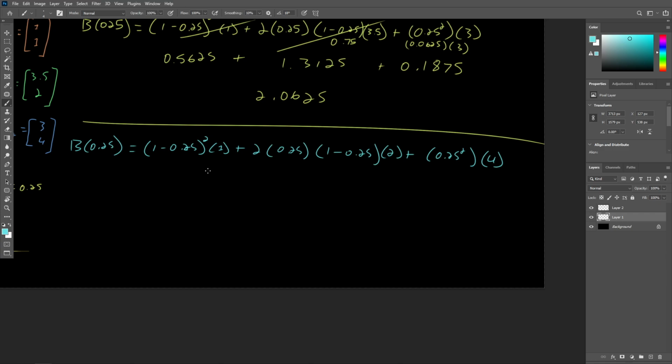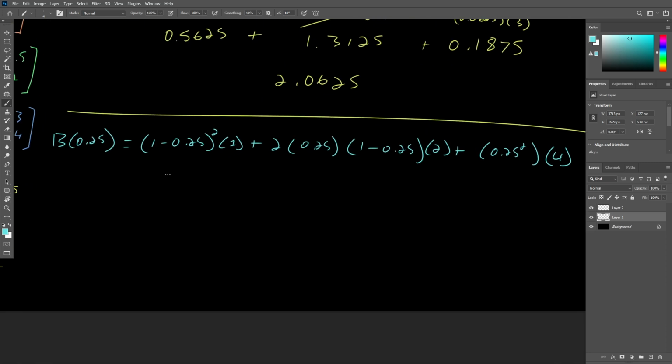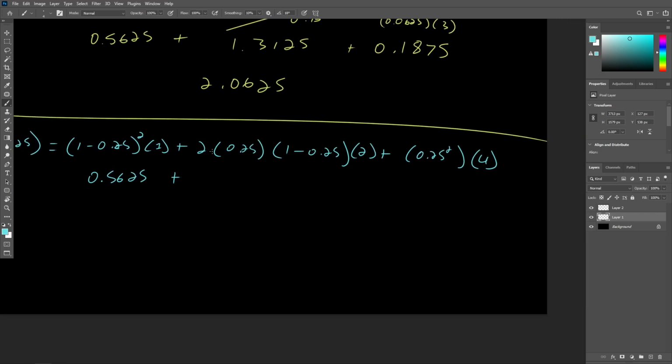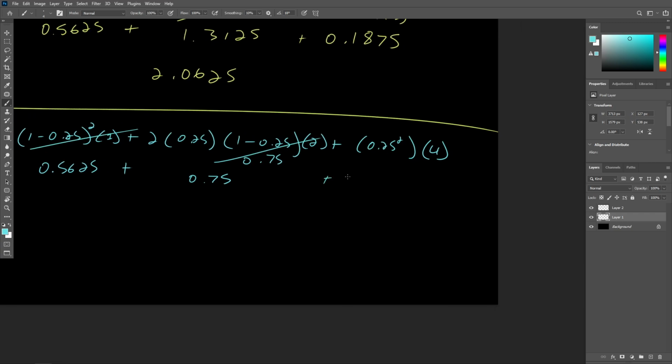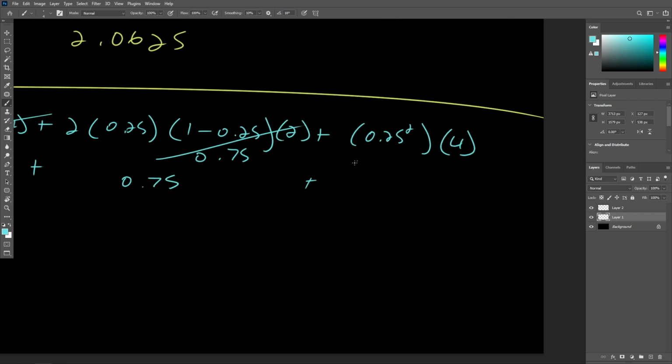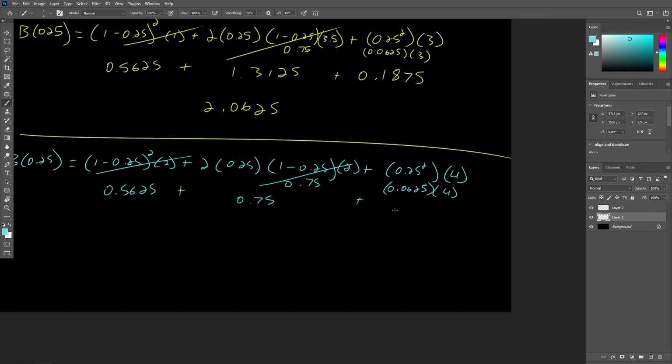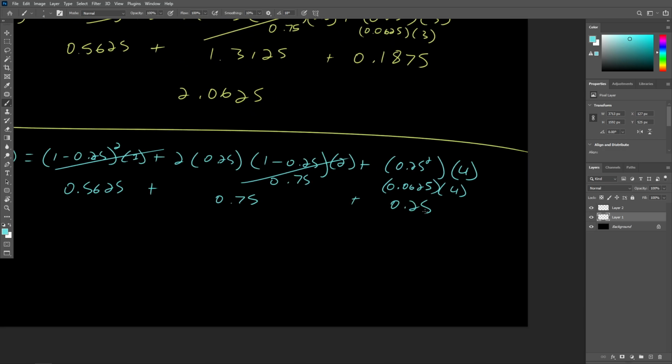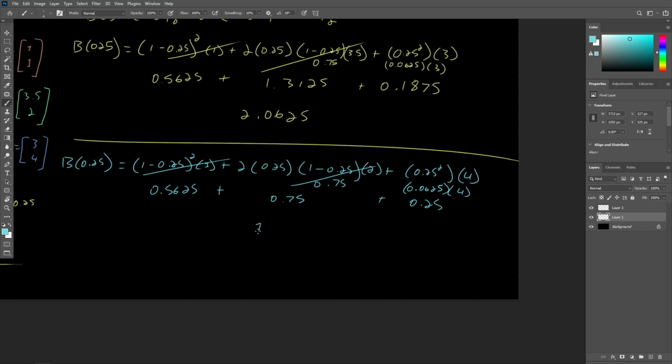All right, so quickly solving this again, we have 1 minus 0.25, which is 0.75 squared, so again we have 0.5625 on the end here, plus 2 times 0.25 times 0.75 again times 2 gives us 0.75 for this term, and the final term being 0.25 squared, which again is 0.0625 times 4, which gives us 0.25, and adding this all together gives us 1.5625.